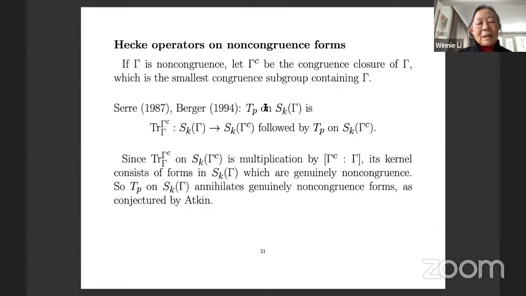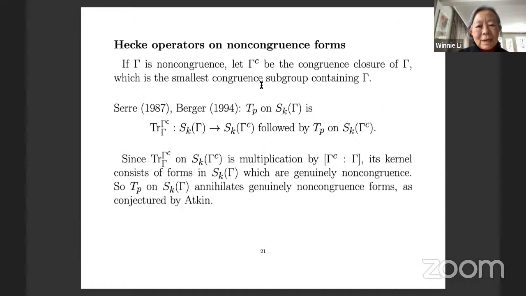Okay. So if we look at the Hecke operators we just defined on the non-congruence forms, the story is very different. If gamma is a non-congruence subgroup, we denote by gamma c its congruence closure, which is the smallest congruence subgroup containing gamma. Atkin had conjectured that the Hecke operator will give no information on the genuinely non-congruence forms.